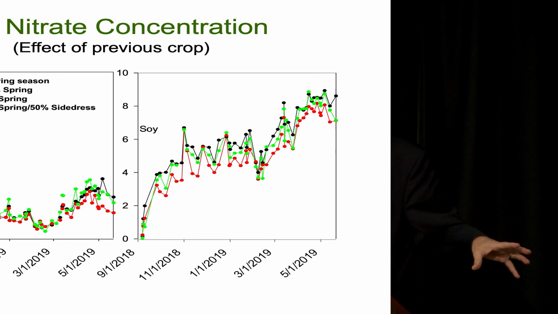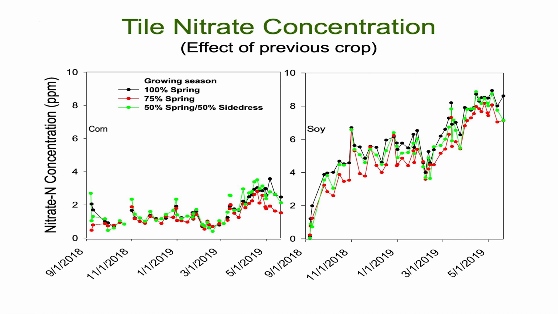I'm going to pull out the fall N treatments. They're not in this graph. I'll take out the cover crop treatment. It's not in here. And so we're just going to look at the 3 treatments that get spring nitrogen. And we didn't put any nitrogen on until May 21st, and that's where I cut this graph off. So we're not confounded by fertilizer at all. And this is a close-up then of the difference in tile nitrate coming out of soybean versus out of corn this past year.